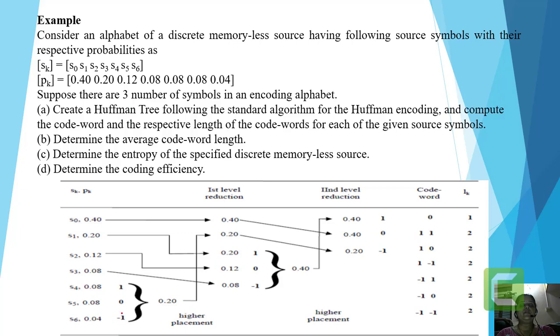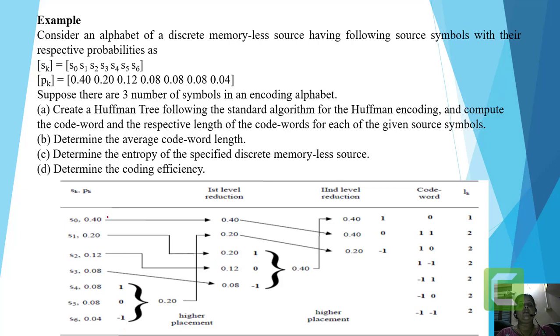Here you can see in the previous example we used the ordering of these bits as -1 0 1, but here as a random ordering we are using 1 0 -1. This may happen from source encoder to source encoder, that the assignment of bits may go on changing. So one may use -1 0 1 or another may use 1 0 -1 also.